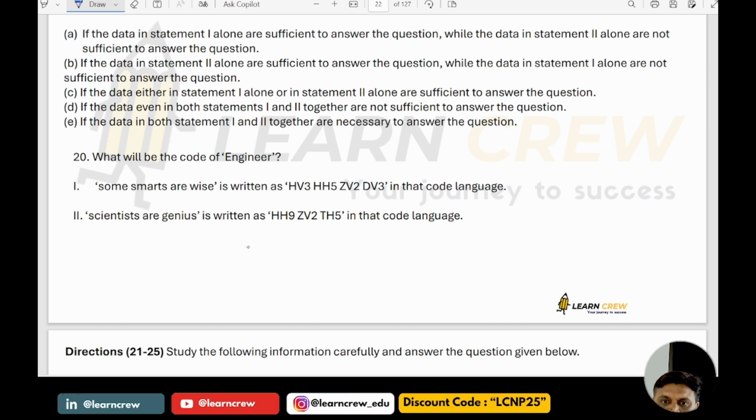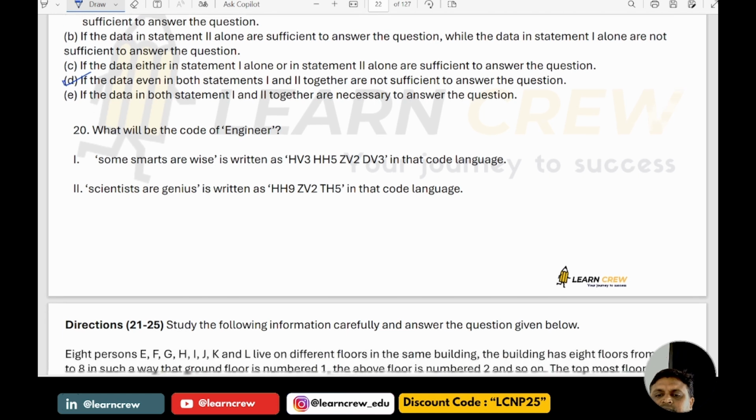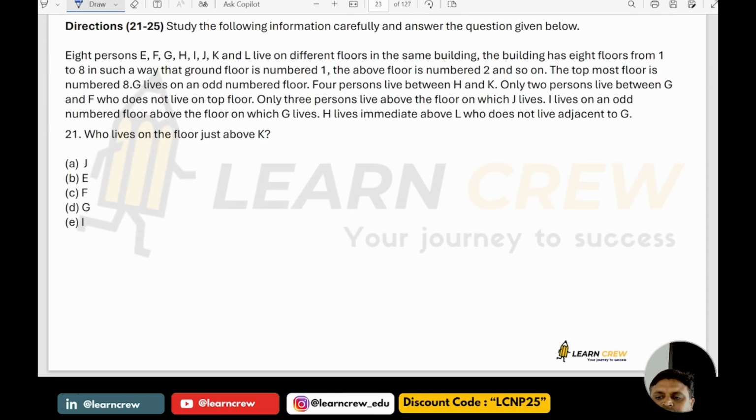Scientists are genius. Please observe here. What will be the code for engineer? Some smarts are wise. Scientists are genius. Here there is no engineer. So the answer is neither: both will not be sufficient to find the engineer because there is no engineer here. So the option is D.